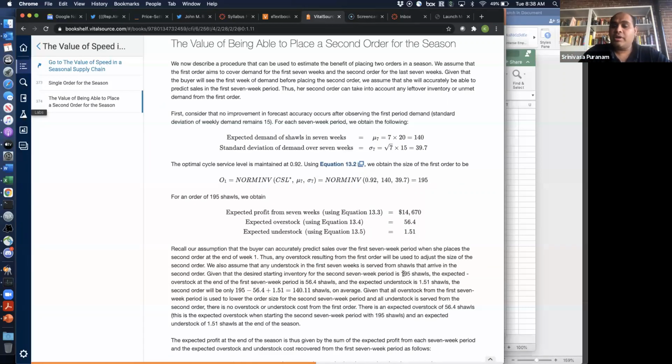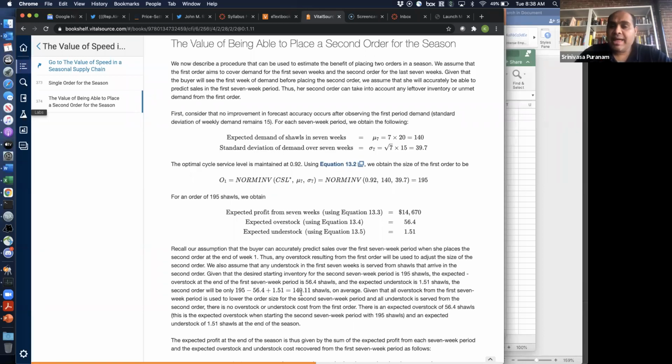But instead of ordering 195 shawls for the second half, you'll actually only be ordering 140.11 shawls on average, right? So that is how much your second order should be. So you're subtracting the overstock and you're adding the understock. So that gives you 140.11 shawls. So that's what you're going to do on average, right?